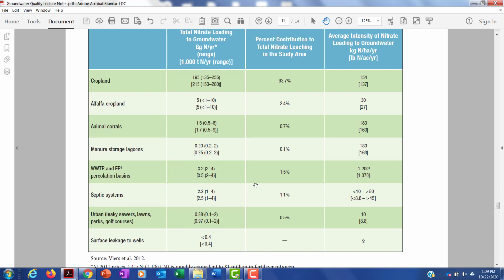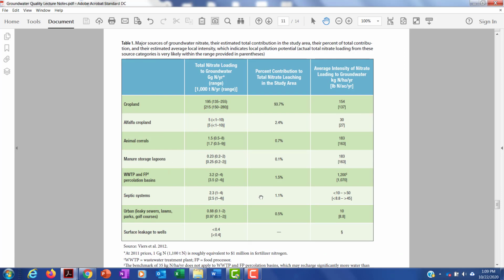Theoretically, a lot of it will get treated by the soil microorganisms, but the dissolved nitrate will not, and that will go through and infect the shallow groundwater, and it's very common for that to also impact your well.